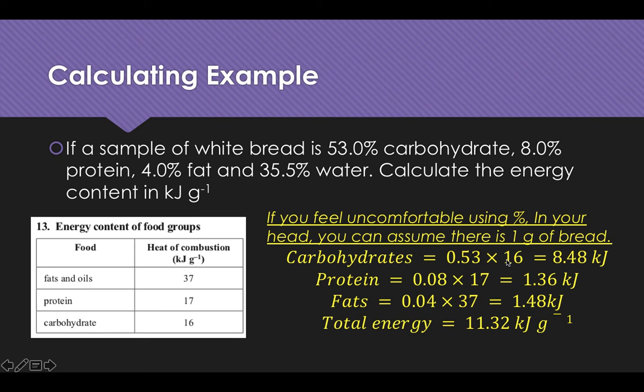So you multiply by the energy value, the heat of combustion of carbohydrates, to get that energy. You do the same thing for protein: the amount of protein in that 1 gram of bread times the heat of combustion of protein, which is 17 kilojoules per gram, and you get the respective value. For total energy, you just add all these three together.